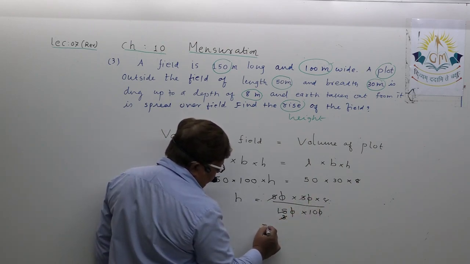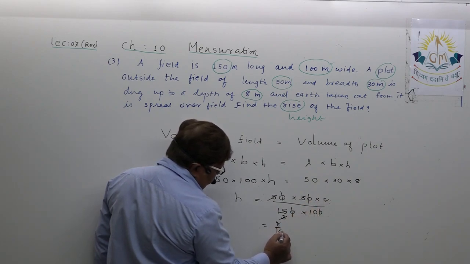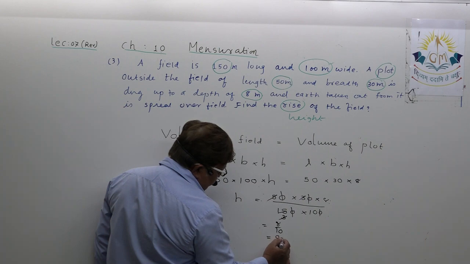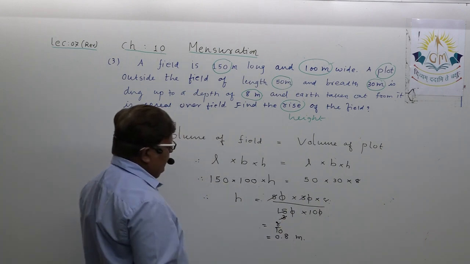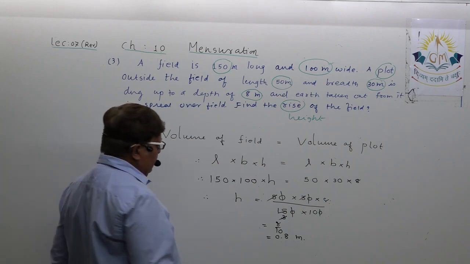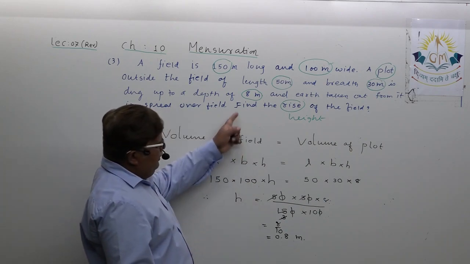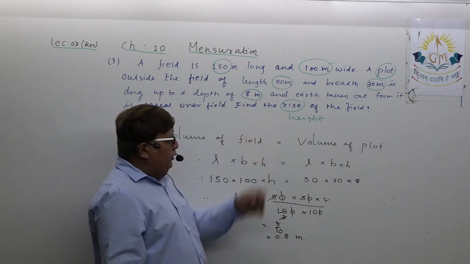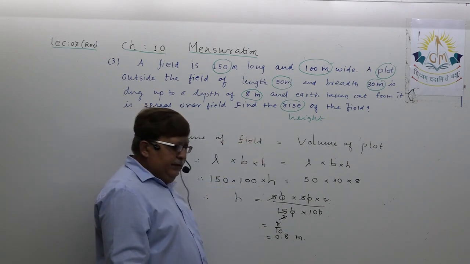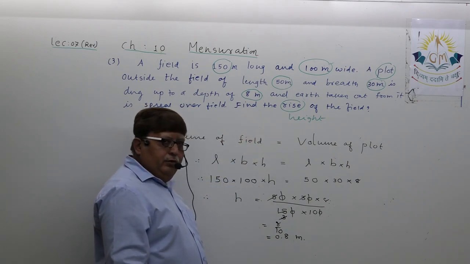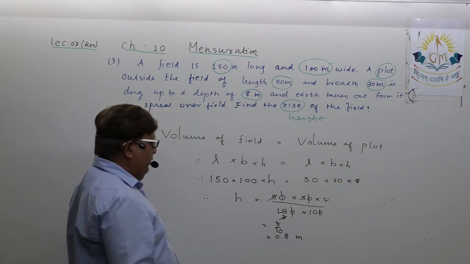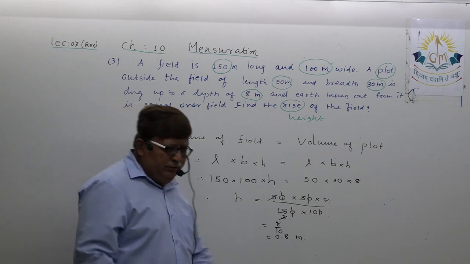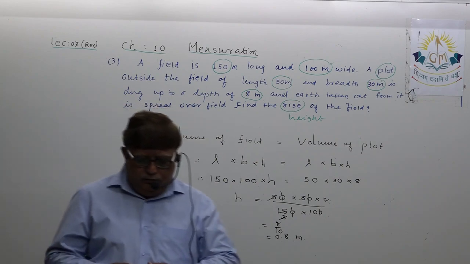What is left, dear student, here? 8 upon 10, which is equal to 0.8 meter. So you can write the final statement. The field rises to the height of 0.8 meter. You can write the statement by yourself also. Okay.